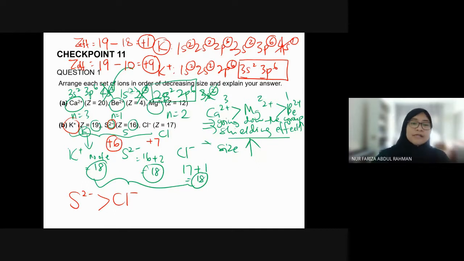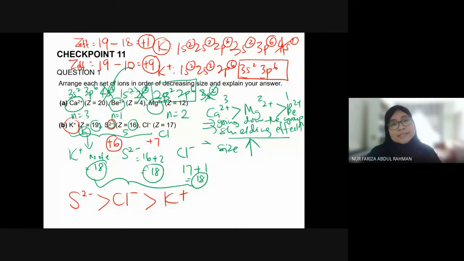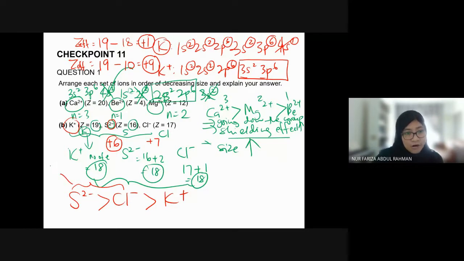Okay, alright. So that is one of the reason why potassium plus is the smallest. Okay, so what need to be highlighted? Like I said, satu, in terms of S2 minus dengan Cl minus, you have to highlight in terms of Z effective. Okay, Z effective for chloride is higher ataupun greater than S2 minus. That is number 1.